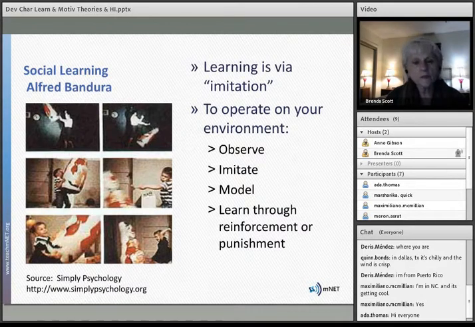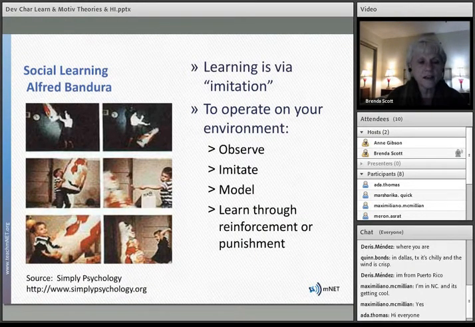And what he did was he brought in some children who actually modeled hitting the doll, and then they were either rewarded or punished for doing that. And he found children observed the other children doing it, and if the children were rewarded for hitting the doll, they were more likely to imitate that behavior and to continue doing it.